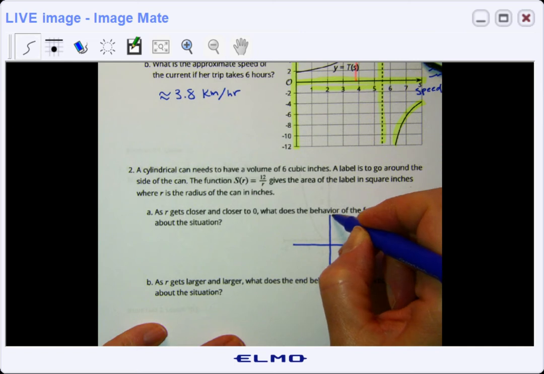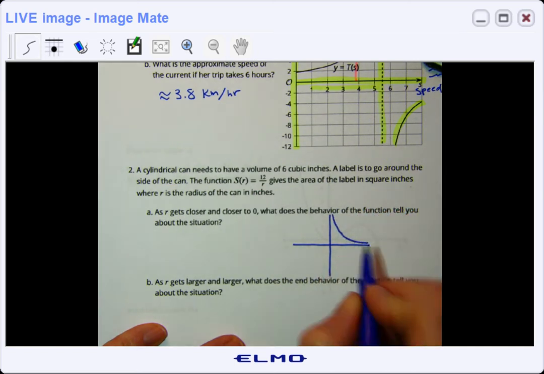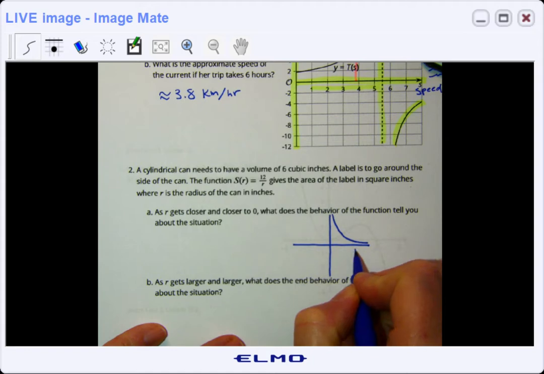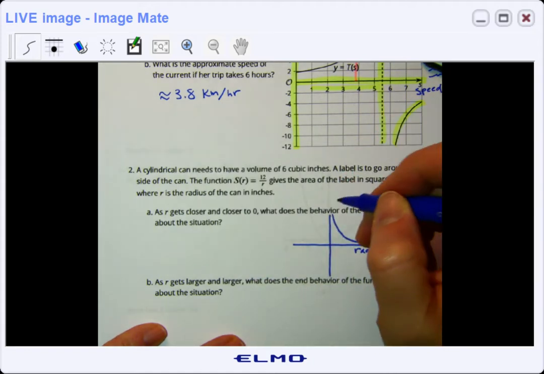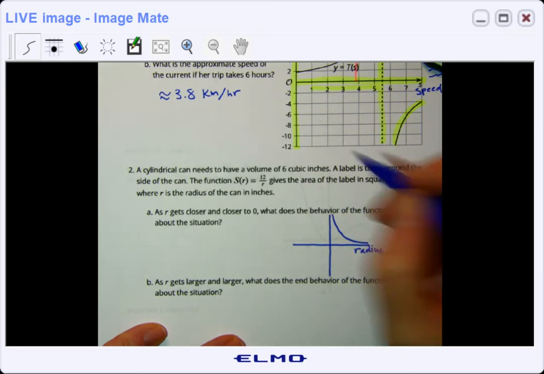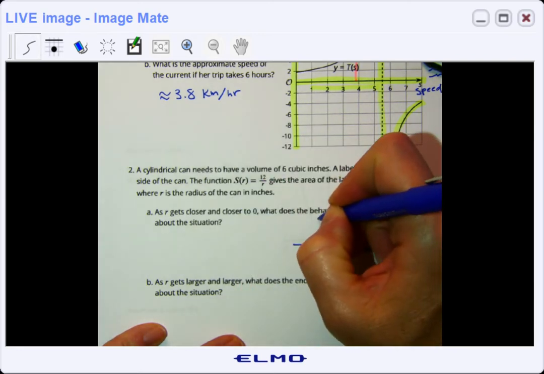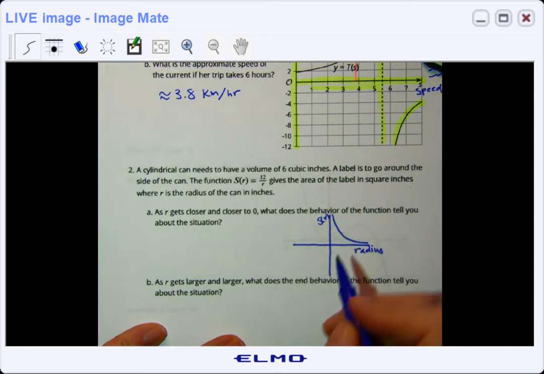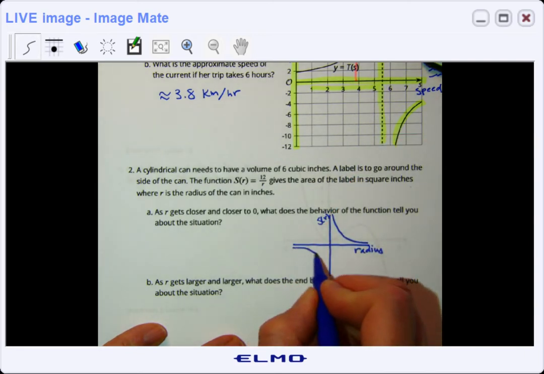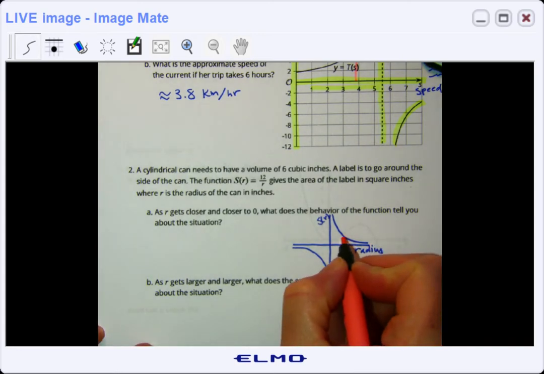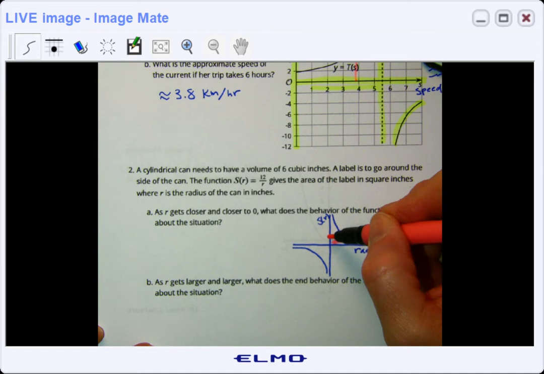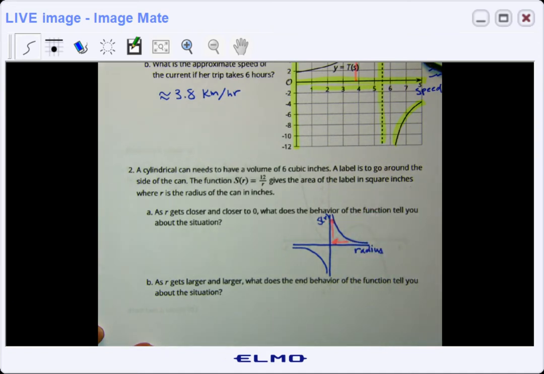It looks like this, pretty much, where this is R for radius, and this is on the y-axis, S of R, so the surface area. Okay, there's also a piece of the graph that looks like this. In context, this part doesn't really make any sense. So the first question is asking, as the radius gets smaller and smaller, well, notice the surface area gets very, very large.